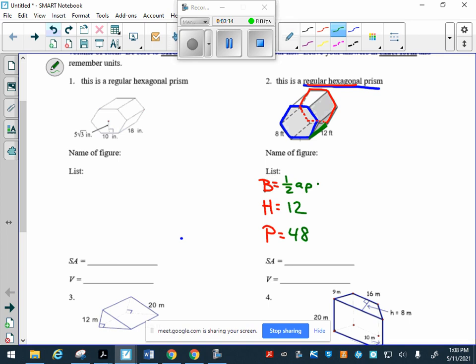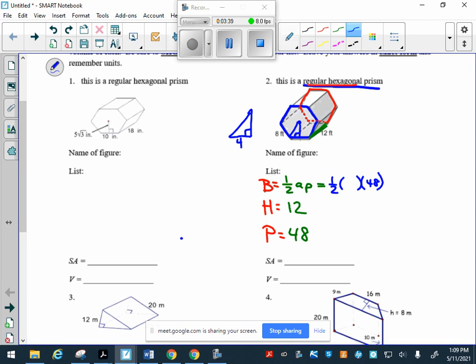All right, well, 1/2 AP, we're going to do 1/2 apothem times perimeter. Well, we just figured out perimeter is 48. What's the apothem? Okay, so this is where we have to remember. We pull out this right triangle. If the whole side is 8, this is 4.